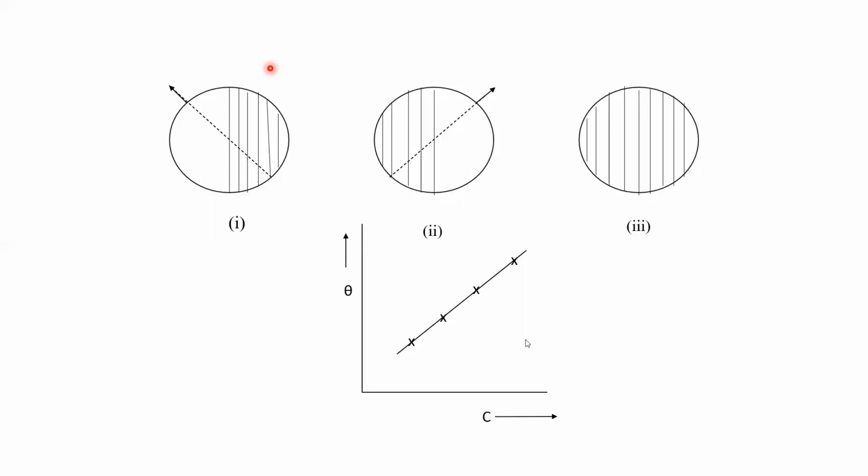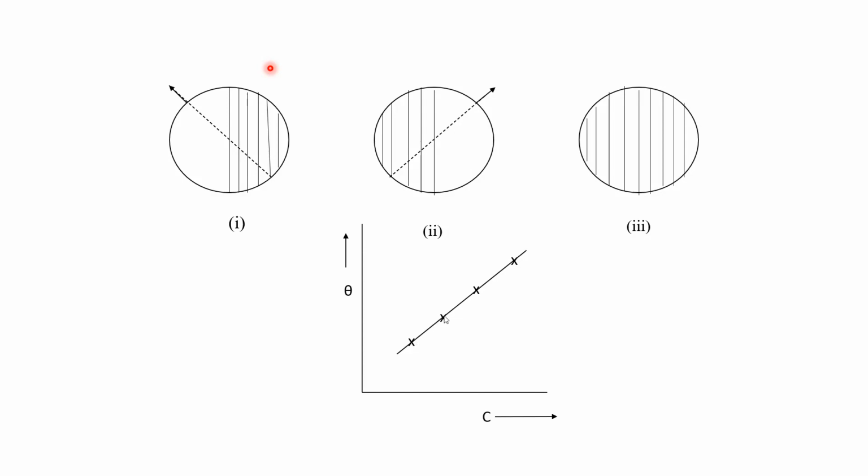Okay. So let us draw the graph between the concentration and the rotatory power. This is the particular concentration. The sugar solution theta is measured as the difference between the sugar solution reading and the water reading.